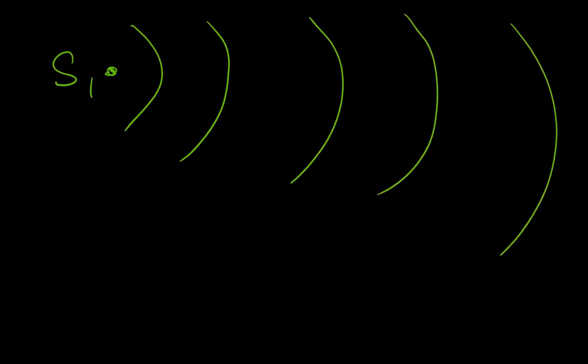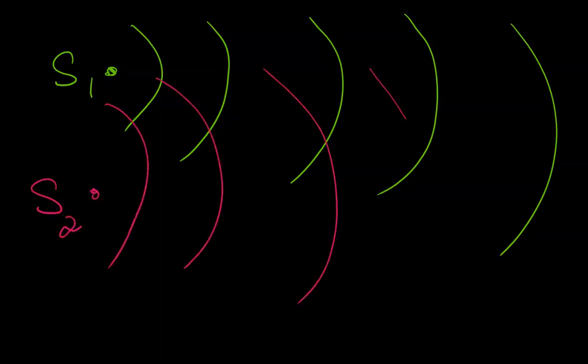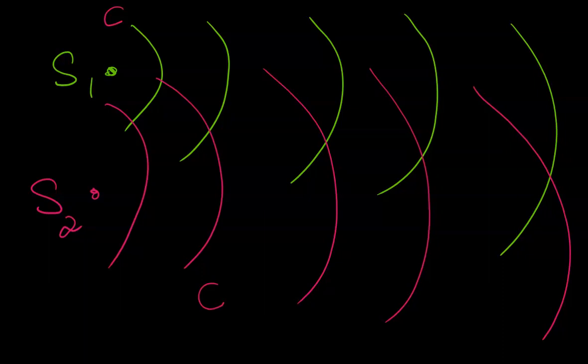So let's say I have a source S1 generating circular wavefronts, and another source S2 also producing circular wavefronts. I could show on this diagram constructive and destructive interference. Here I have crest and crest overlapping, and where the two spaces overlap is trough and trough.